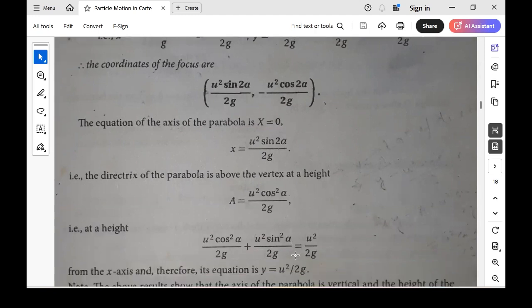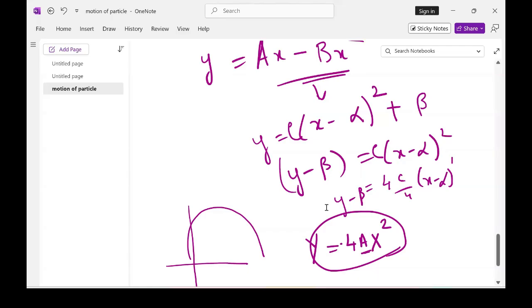The directrix is perpendicular to the axis and at a distance a from the vertex. Okay. So at a height a above the vertex. So that means if this is the parabola, and suppose this was my axis, a bit distorted it is becoming, and this is my vertex. Okay. So where is my directrix?